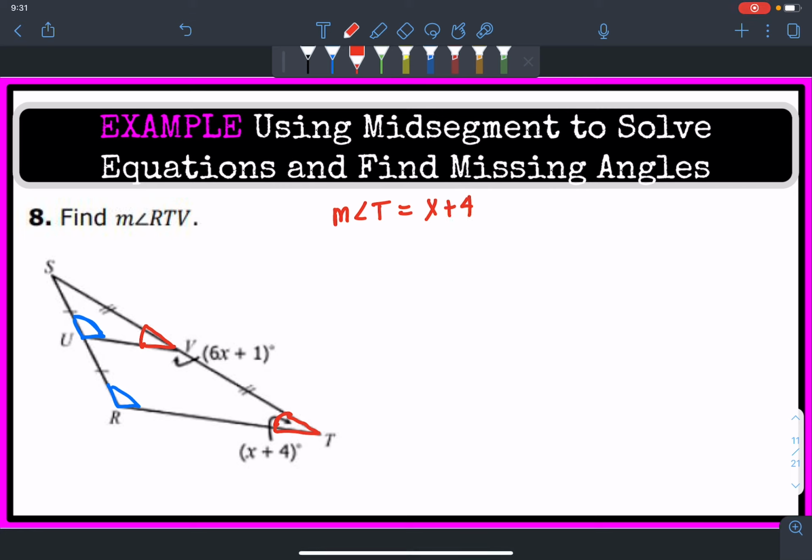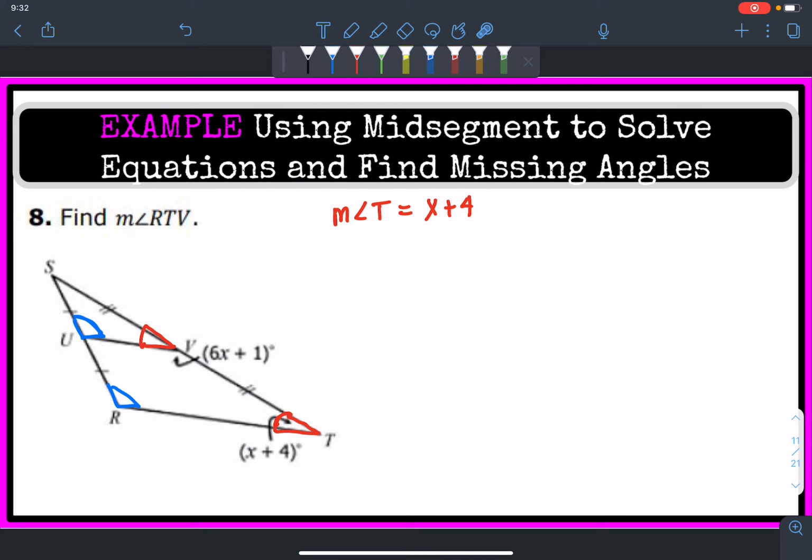However, they do not give me this upper measurement on V. They give me the lower measurement on V, which is not S, which is not this one. They're not giving me this angle. They're giving me this bottom angle right here, which is not congruent. As you can see here, this is an obtuse angle, while this is an acute angle.